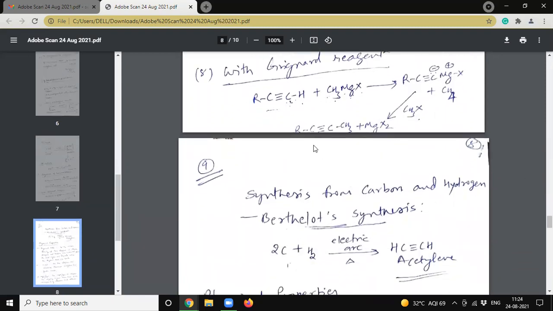With Grignard reagent, these lower alkynes we can convert into higher alkynes. When the Grignard reagent is reacted, it will form a salt and then it will decompose. It will give us a higher alkyne.